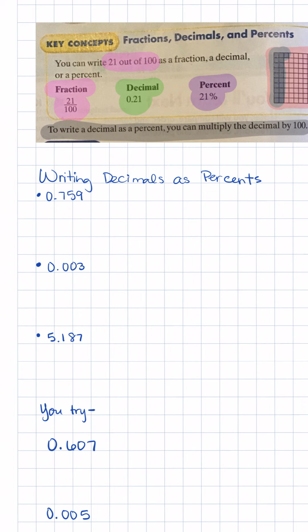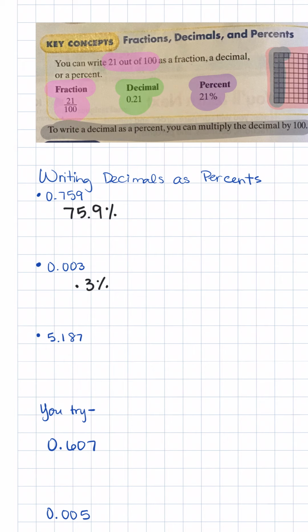So if we take 0.759 times 100, we get 75.9%. Multiply 0.003 times 100, that's going to equal 0.3%.